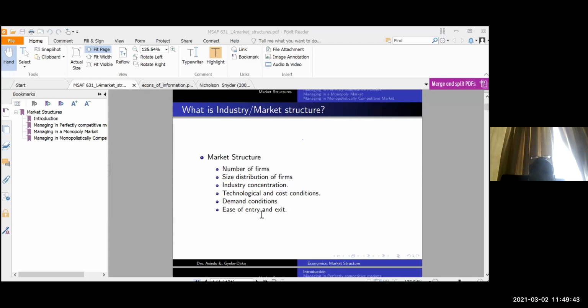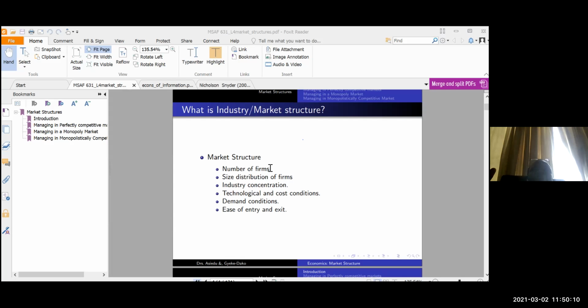The ease of entry and exit, embedded in that is some bit of risk analysis, right? So what happens if I enter into the market and I want to exit? You do all those things, but it doesn't characterize the market per se by saying that this is risky. It's risky based on the number of firms, right?